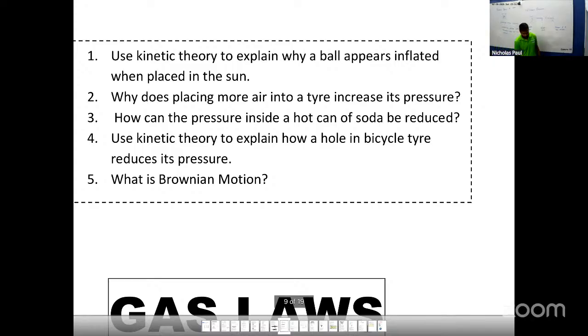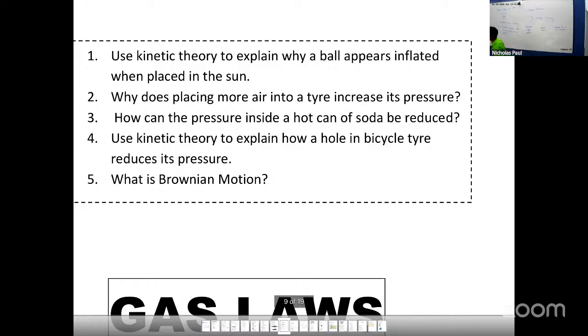All right, let's go. Number 2. Why does placing more air into a tire increase pressure? Very good.